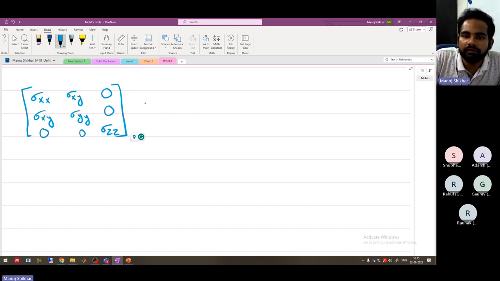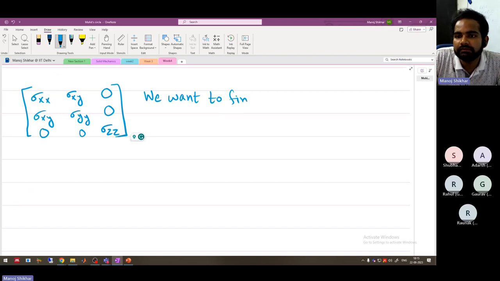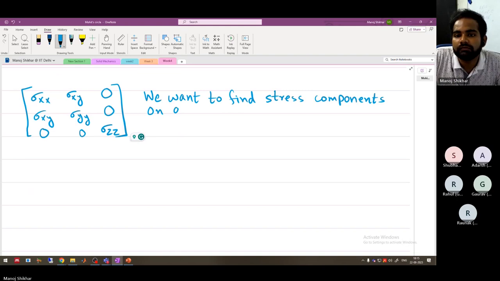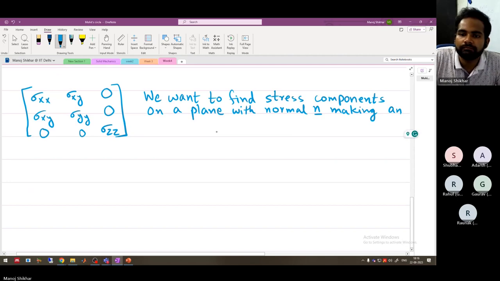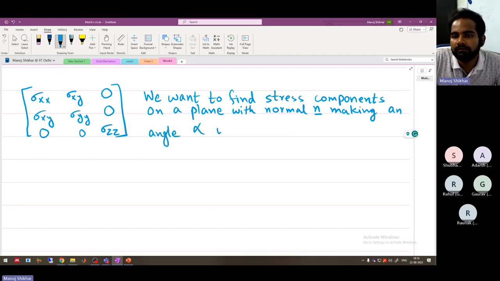So suppose we want to find stress components on a plane making angle alpha with E1 axis.